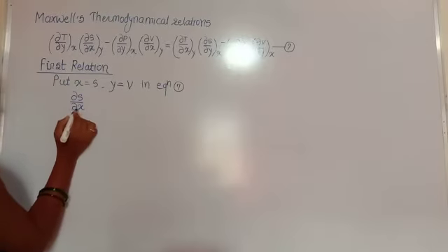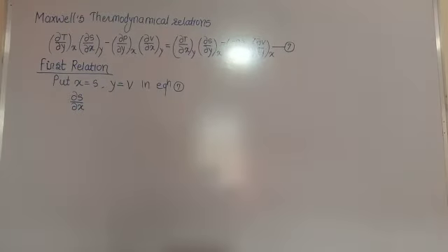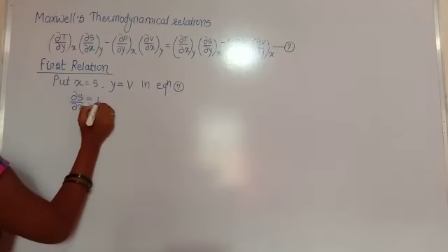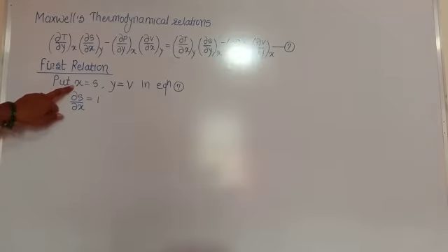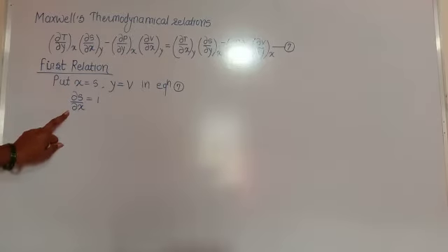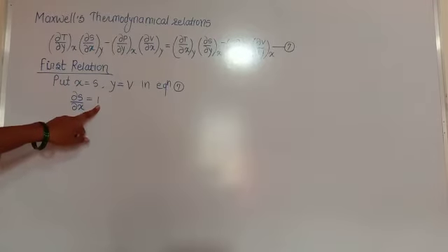The derivative del S by del x is equal to 1, because x is S, so it is the same derivative, and we get 1.